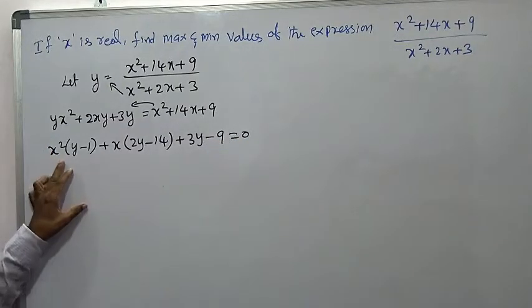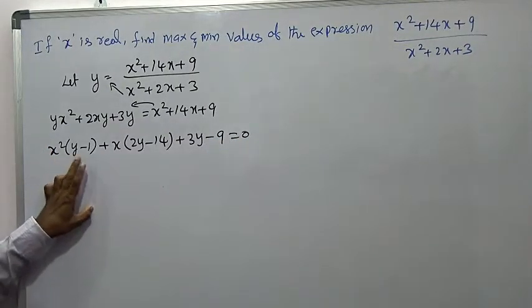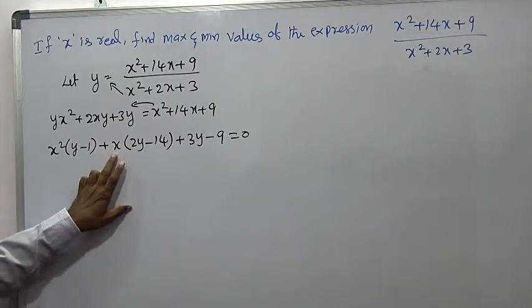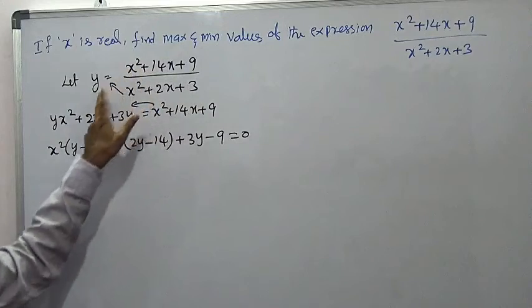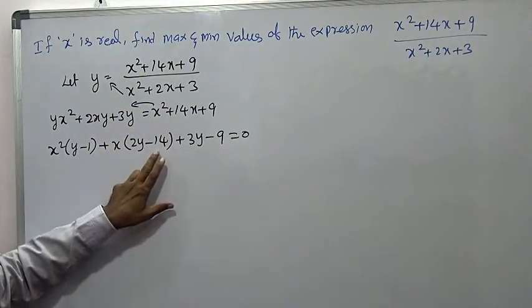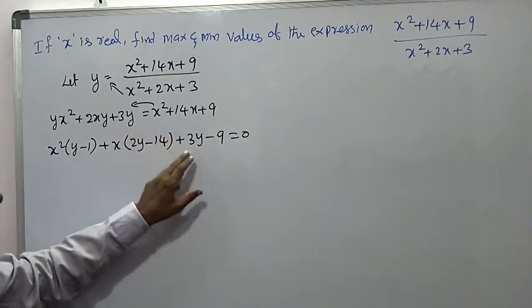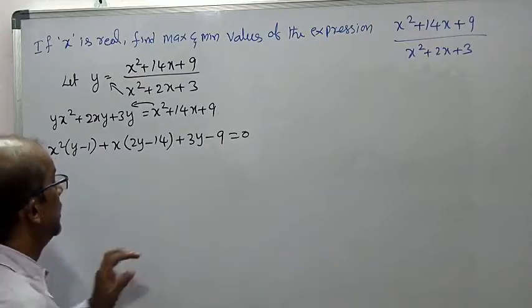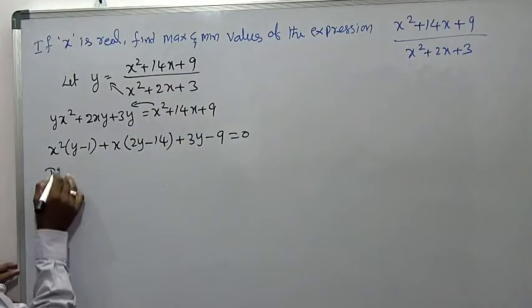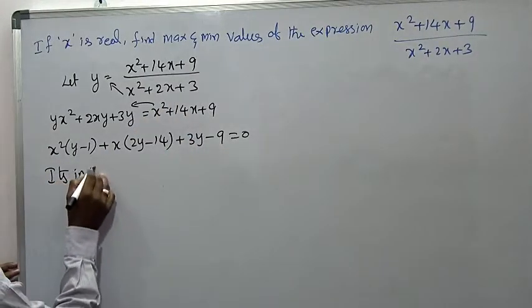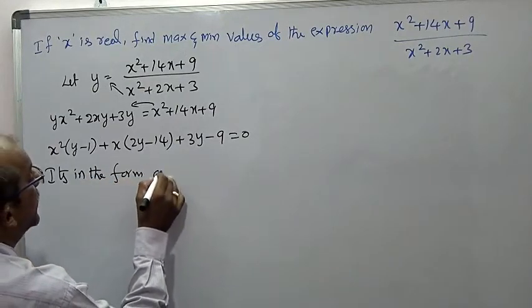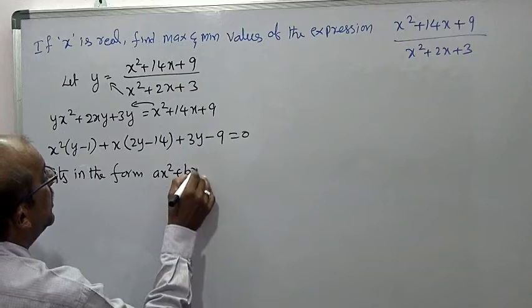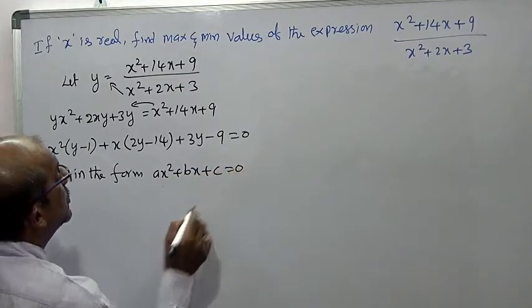So x square into y minus 1 plus x into 2y, and 14x transposed to the opposite side becomes minus 14, plus 3y minus 9. Now it's in the form ax square plus bx plus c is equal to 0.